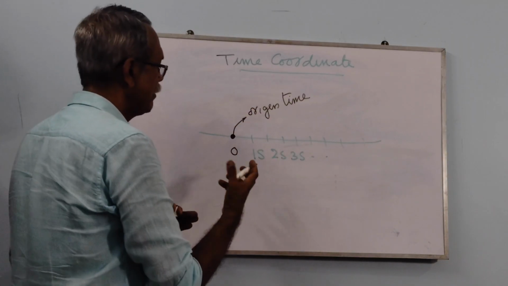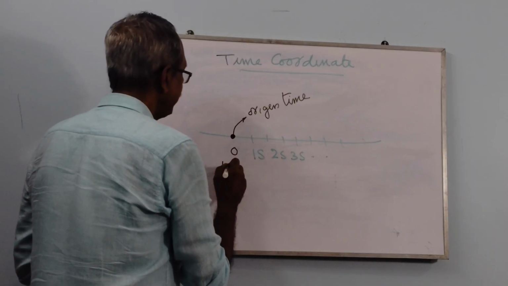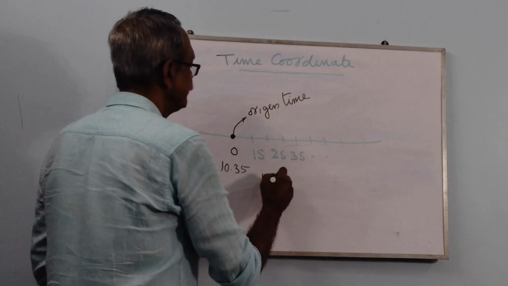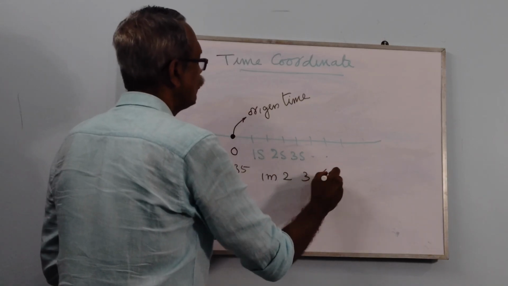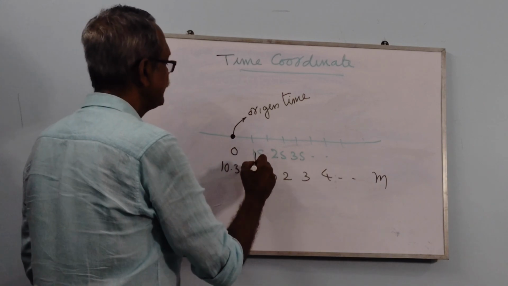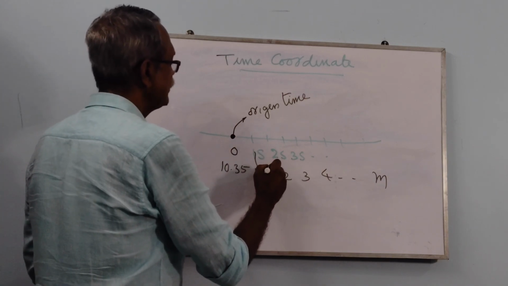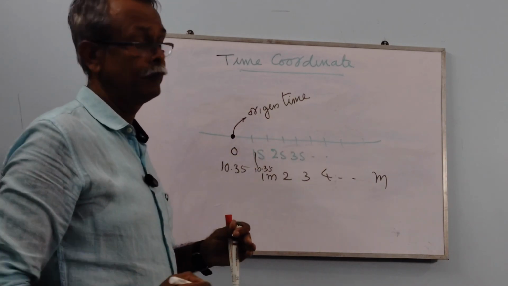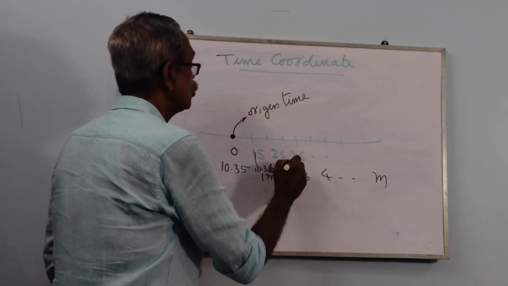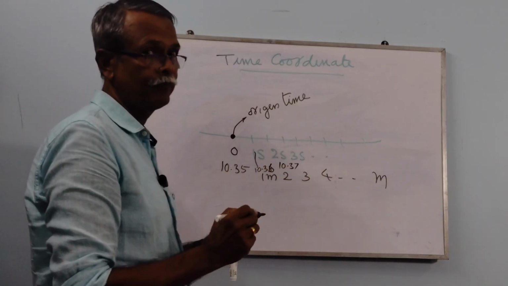For example, imagine this is 10:35 and I mark this in minutes, 2, 3, 4, etc. Then this is 10:36. 10:36 is taken as 1. 10:37 is taken as 2. Like that.